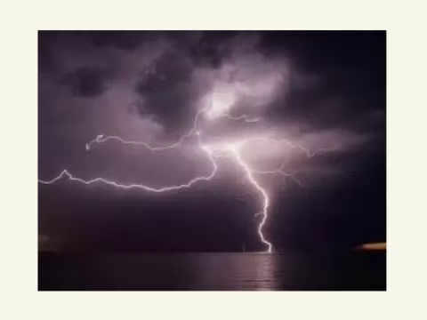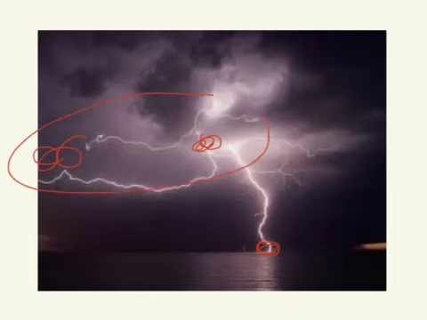Yeah, I heard you say cloud to cloud within the same cloud, or cloud to ground. Exactly. Those are the two types. So which one's more common? This is more common.